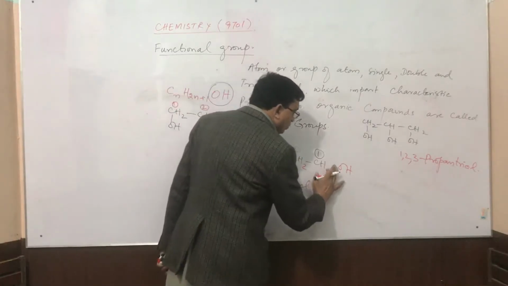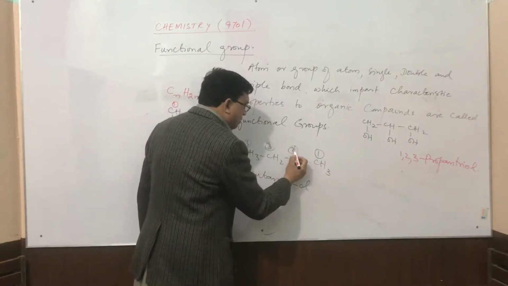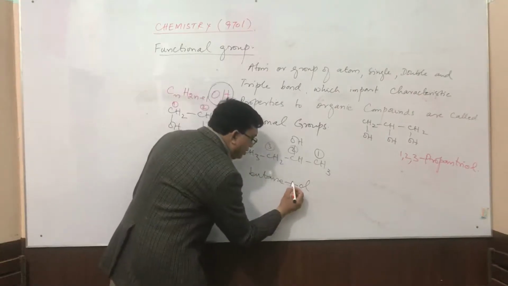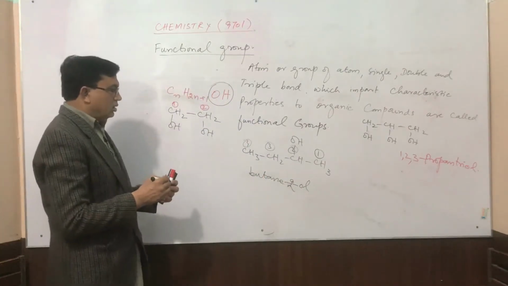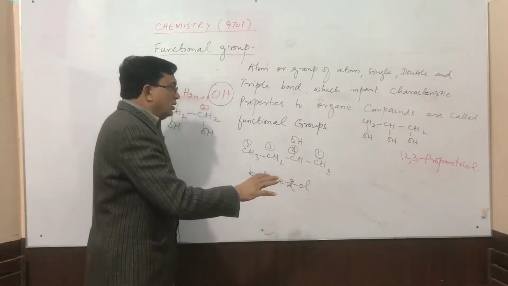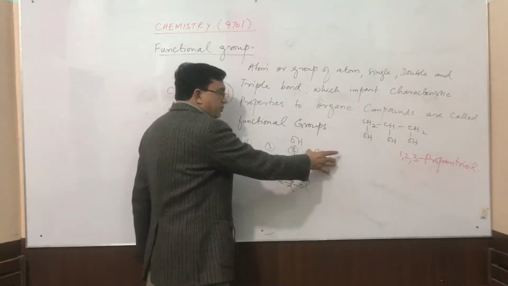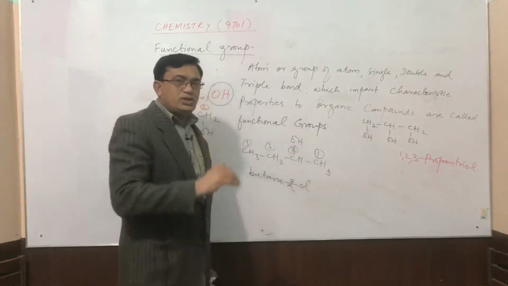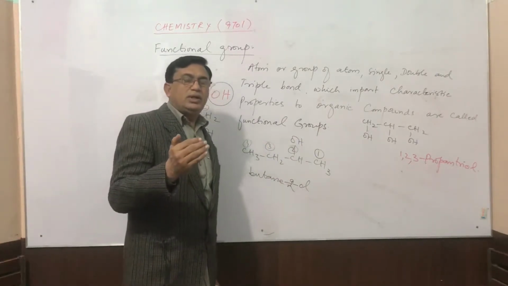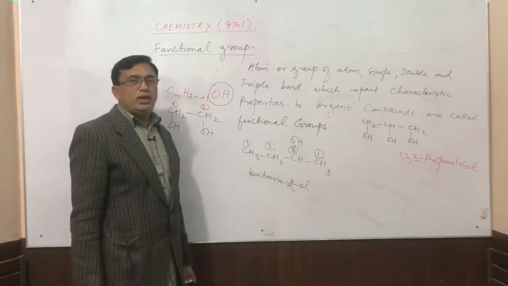And if this OH group is present at this carbon atom, then this will be called butan-2-ol. In this manner, the functional group is taken into consideration while numbering the carbon atoms. The carbon containing the functional group will be allotted the lowest possible number, and according to that we will name the organic compound.